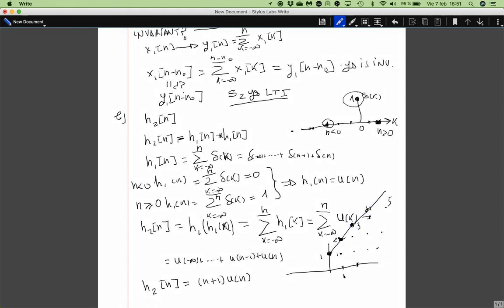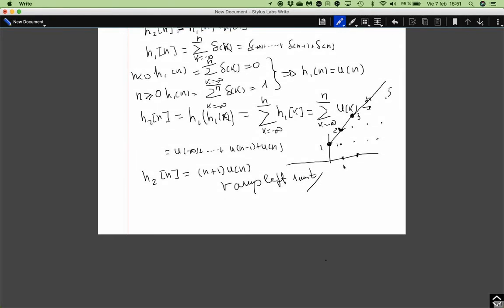So this is like a ramp function. This is the ramp function that we know, but displaced to the left 1 unit. Okay, this is h2.